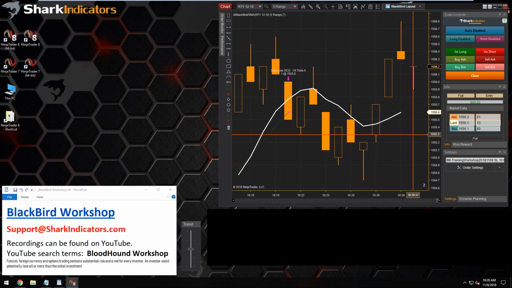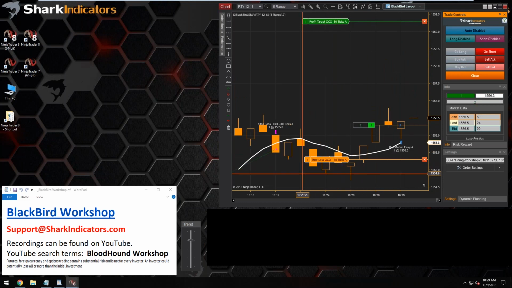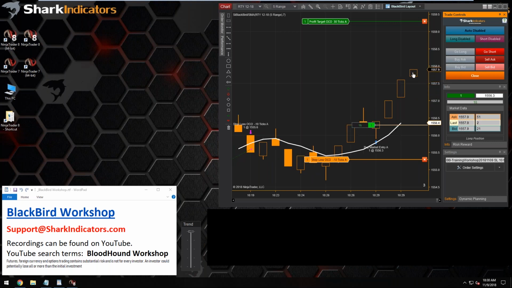Our SMA is still sloping up, so let's move the trend up. We'll take a long trade. There we go. I'm just going to move the market up a little faster. We'll get a couple of closed bars. Let me generate just one more closed bar.